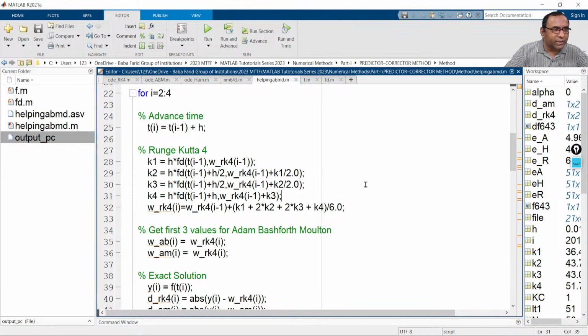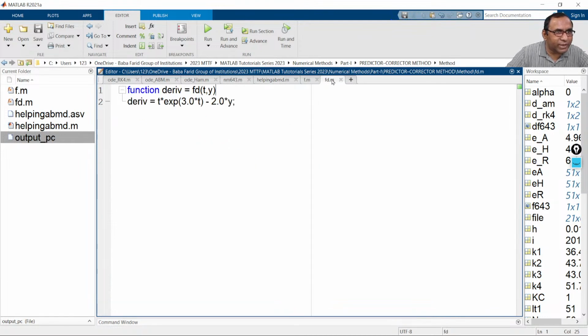Okay. Also, you need to note at this place we have FD. Okay, what is FD? FD, you can see, is the derivative. And the value of FD means f(t,y), we have this one.